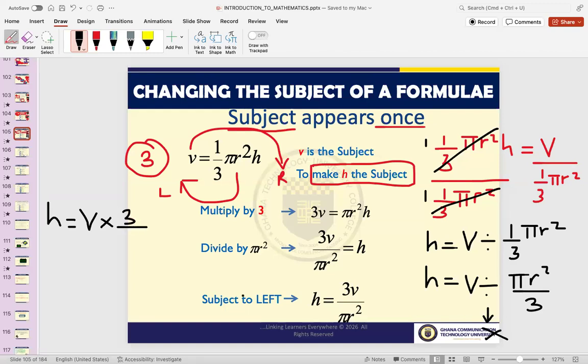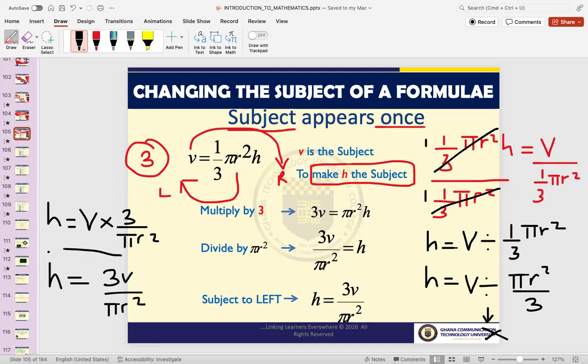And then the pi r squared will come to the denominator position. So finally, we have h equals, we multiply the v by the 3, and we have 3v divided by pi r squared.